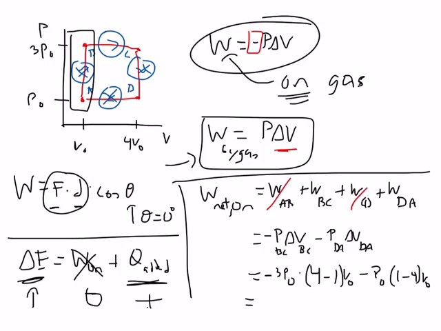So this is negative 3 times 3, or negative 9 P naught V naught. And this one is going to be a plus, right, because we have another negative in there. So we have negative 1 times negative 3, or 3 P naught V naught. And so that gives us a total of negative 6 P naught V naught. And that's the net work done on the gas during the entire process.